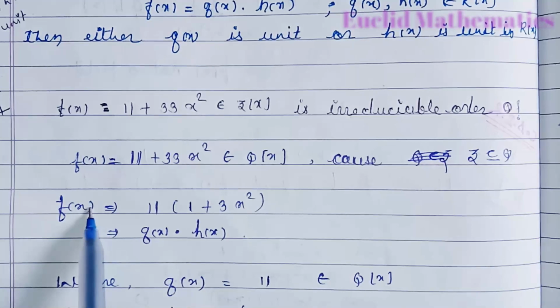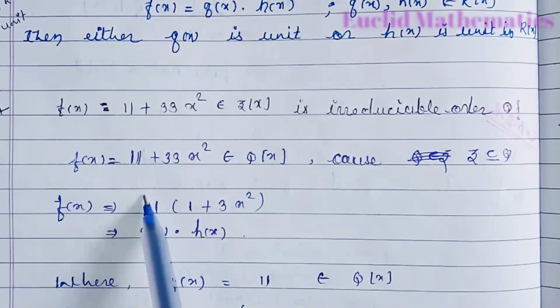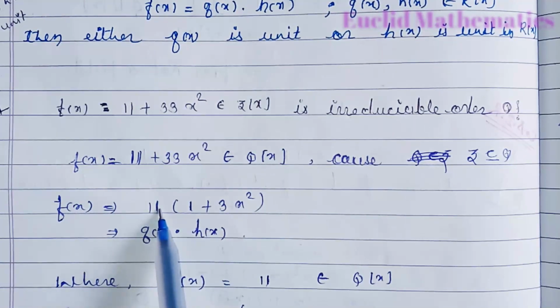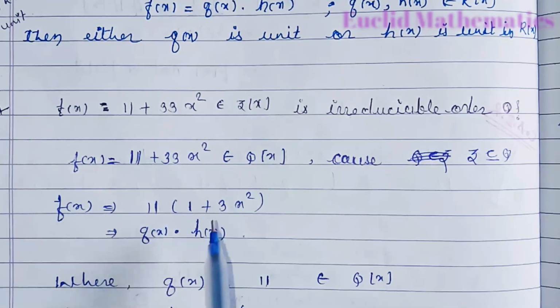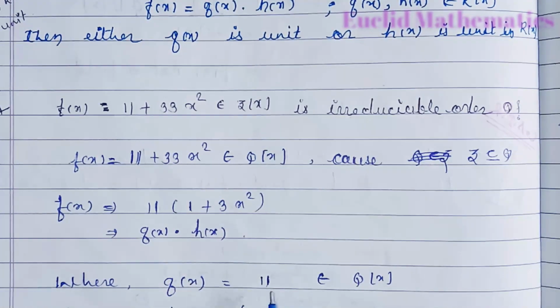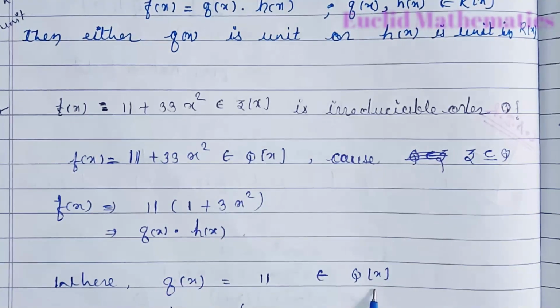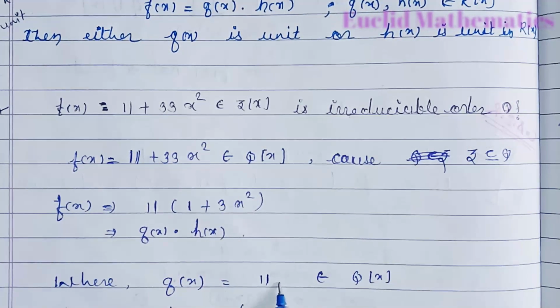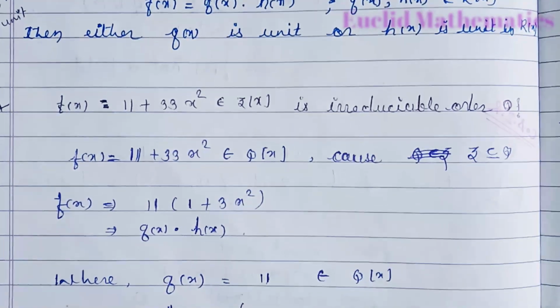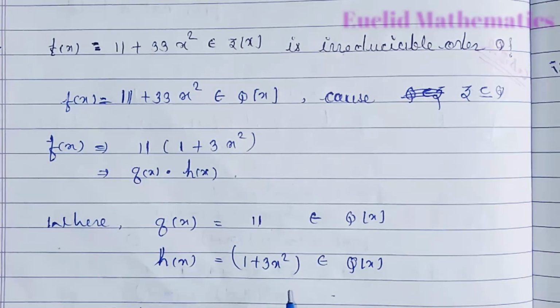So f(x) can be written as g(x) times h(x), where g(x) is a constant, so we call it a unit in Q[x], and the other is the remaining polynomial. Here g(x) is 11, which belongs to Q[x], since 11 is a rational number. And now h(x) is 1 + 3x^2.